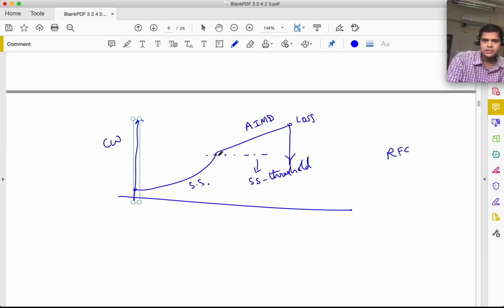Once the window crosses SS threshold, you go into AIMD, and this phase is called congestion avoidance. We want to avoid congestion, so we slowly increase, and if there is a packet drop, then we drastically decrease the window size. So this is the slow start phase, and this is the congestion avoidance phase.